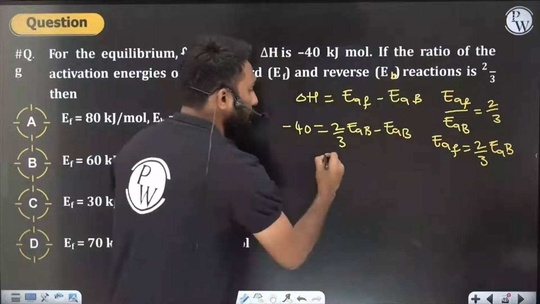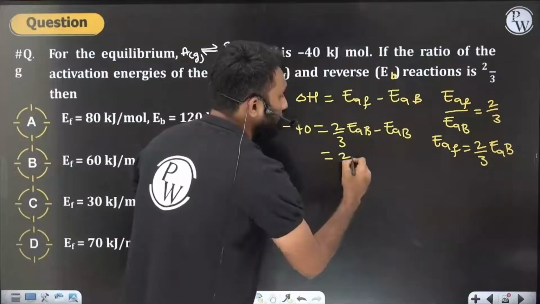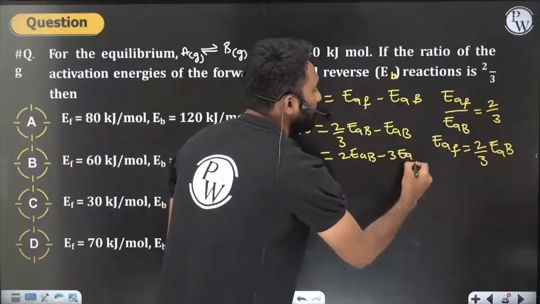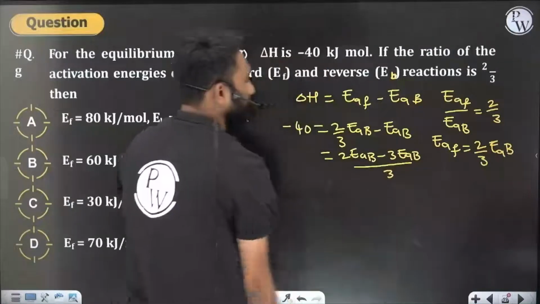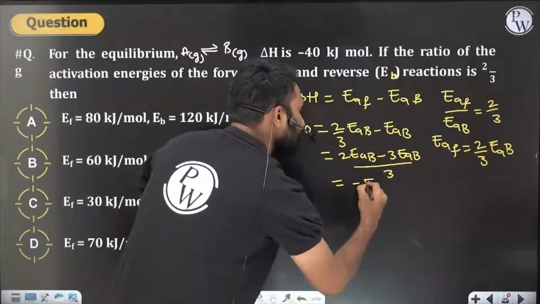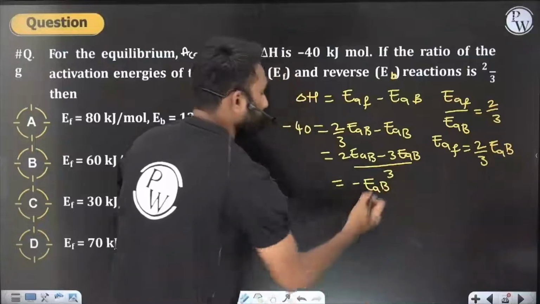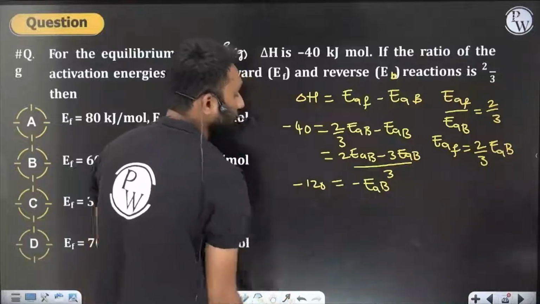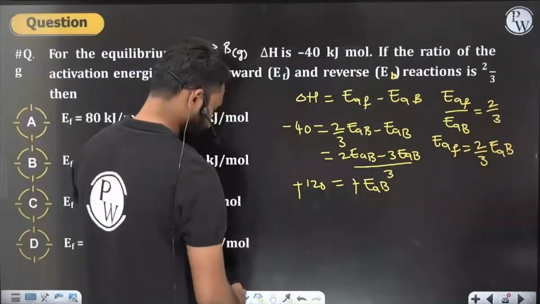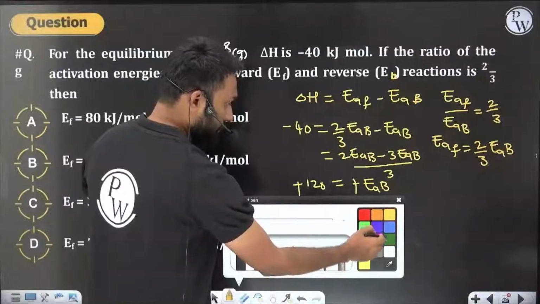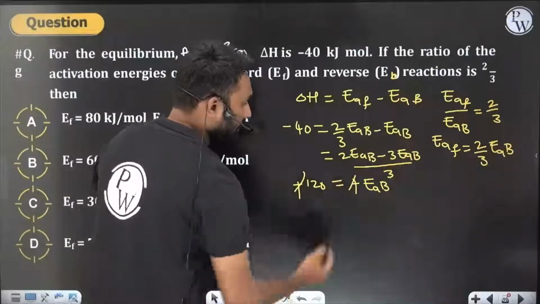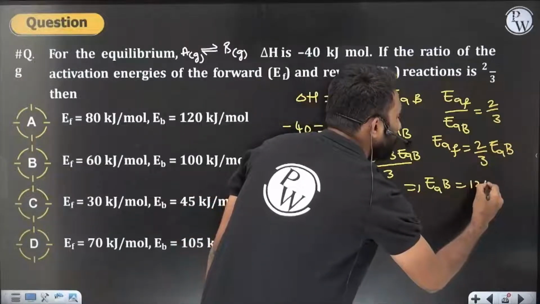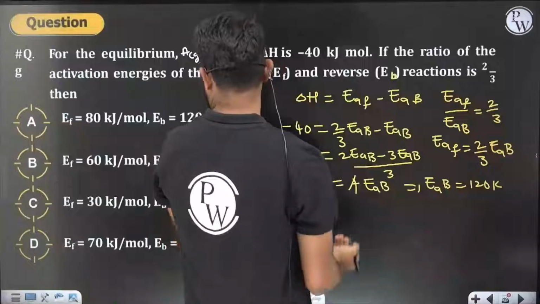If we solve it, how much will it be? 2 activation energy of backward minus 3 activation energy of backward, by 3. Now 3 if you bring to the left hand side, then it will become 120. Minus will get cancelled. Then activation energy of the backward will be equal to 120 kilojoule per mole.